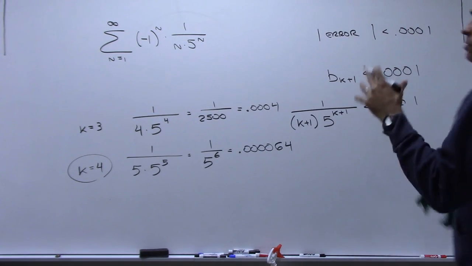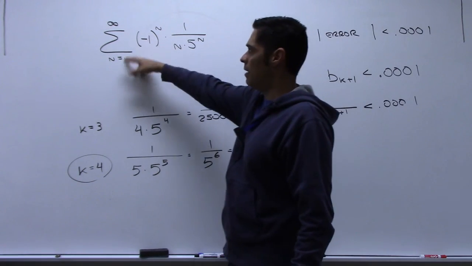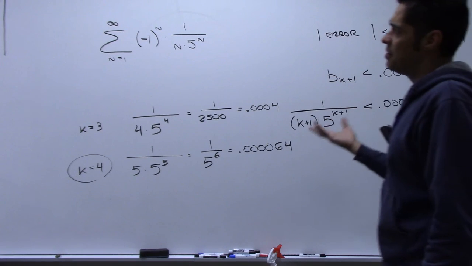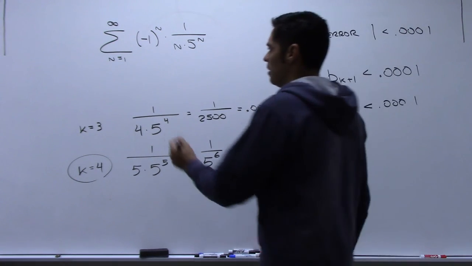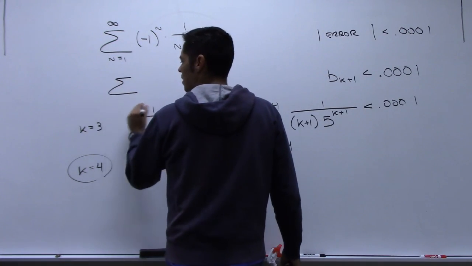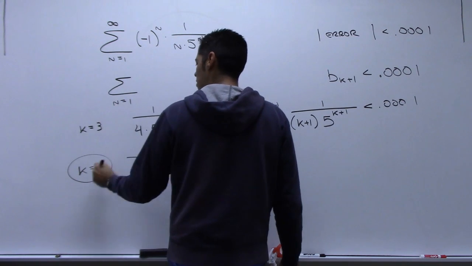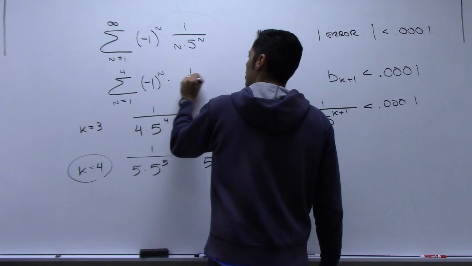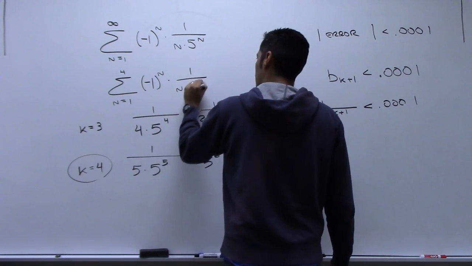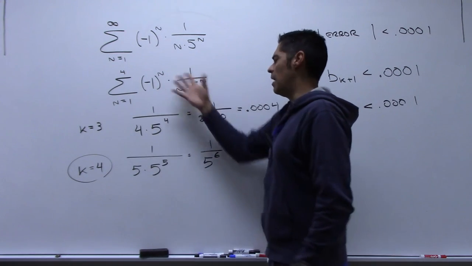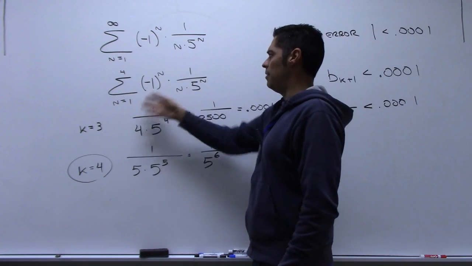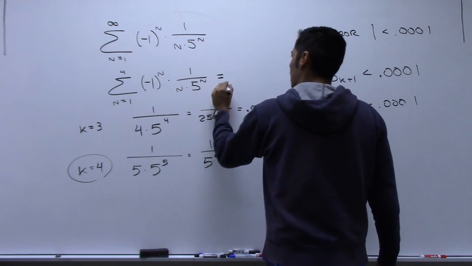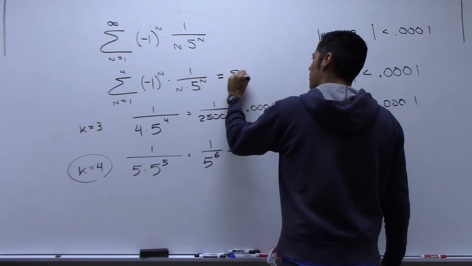It gets closer and closer and closer to a number as you let n go to infinity. But we can never add this up forever. What we just determined is that if you add this up from n equals 1 to 4, which is a finite sum now, you could actually add this up. First you plug in 1, get that number, then 2, then 3, then 4. You stop at 4. Whatever this answer is, I'll call it S sub 4.